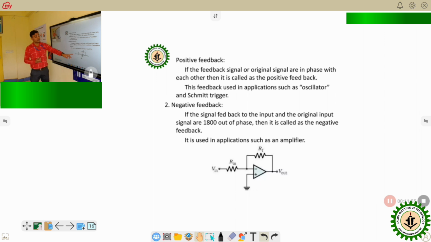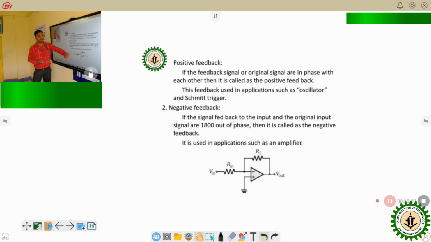So the circuit diagram is shown here. Some portion of the output is entered into the input. If it goes to the negative terminal, that is negative feedback. When it is entered into the positive terminal, then it is called positive feedback.